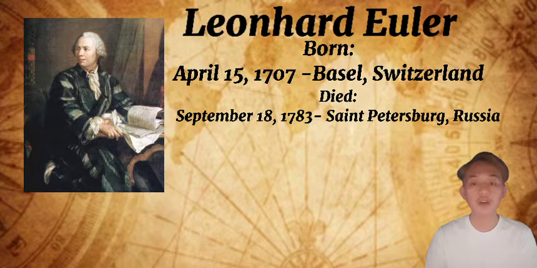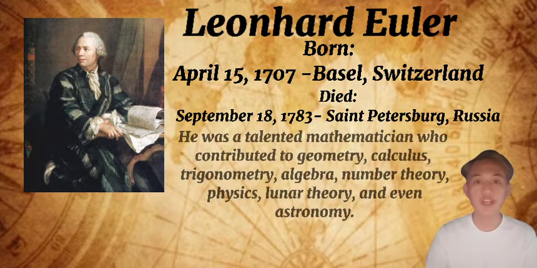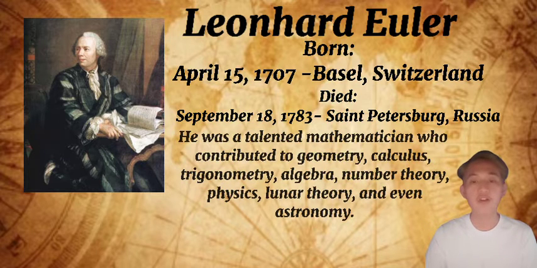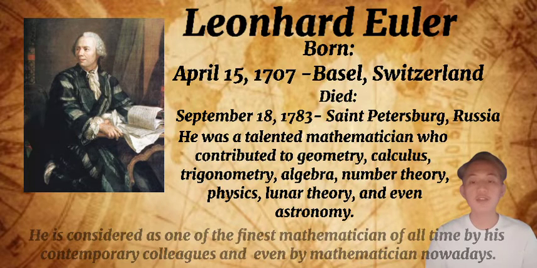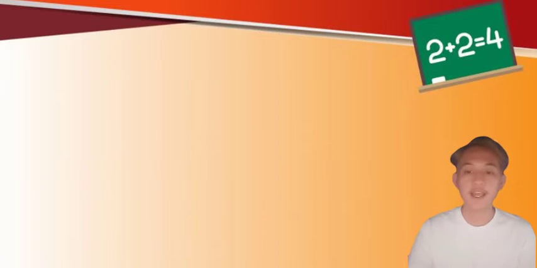Moreover, Euler was a talented mathematician who contributed to geometry, calculus, trigonometry, algebra, number theory, physics, lunar theory, and even astronomy. Additionally, Euler is considered one of the finest mathematicians of all time by his contemporary colleagues and even by mathematicians working nowadays. And now, let's define Euler's theorem.